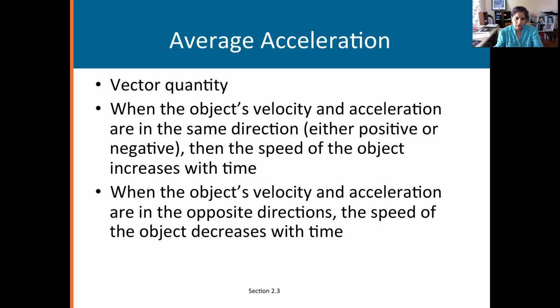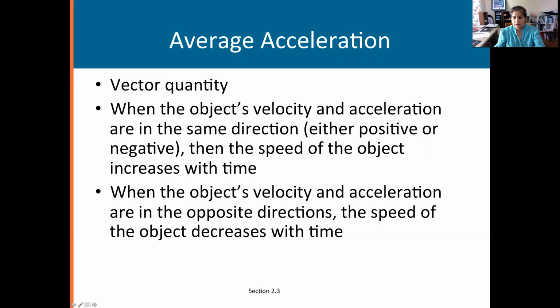When they are in the same direction, the speed of the object increases with time. So if the velocity and acceleration are both to the right, then the object is speeding up. If your velocity was to the left and your acceleration is also to the left, then it is speeding up in the left direction or negative direction.